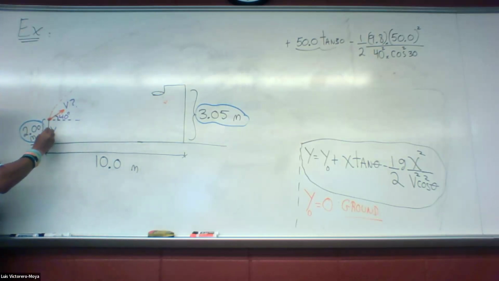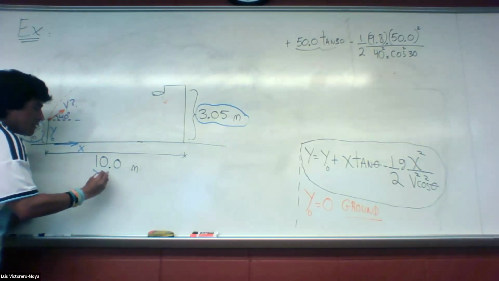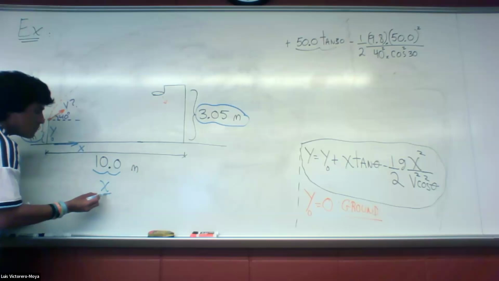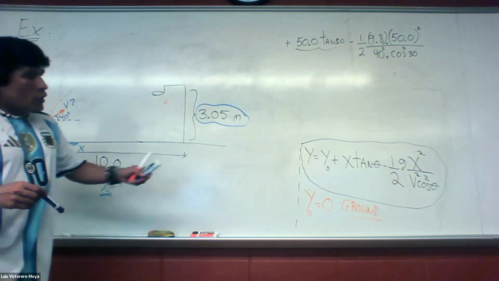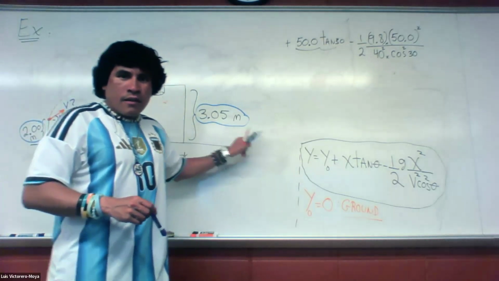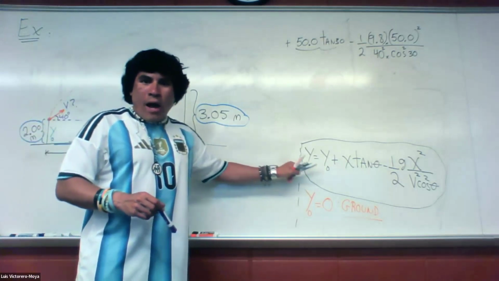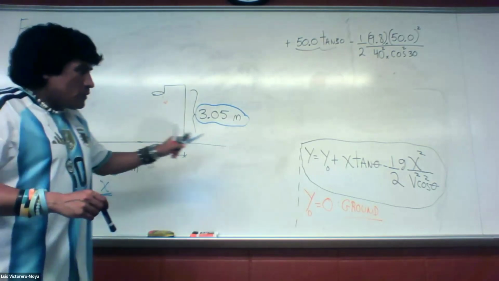That's y initial. This is the x-axis. So this guy is x. We take that as the origin. So that's a general equation, right? y is this. y naught will be 2. That's the initial height.